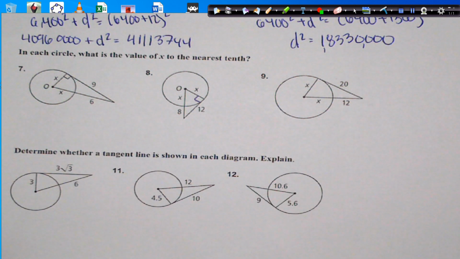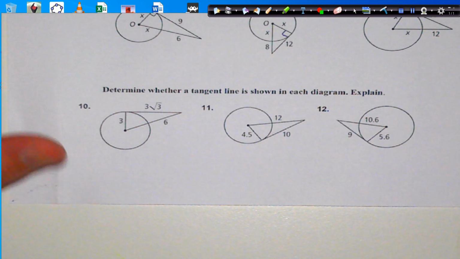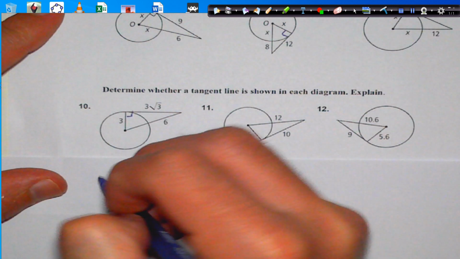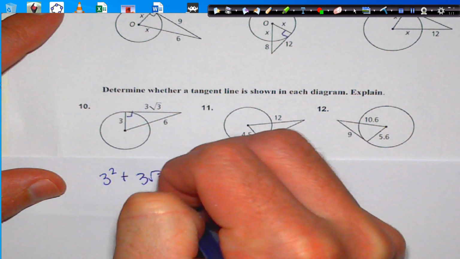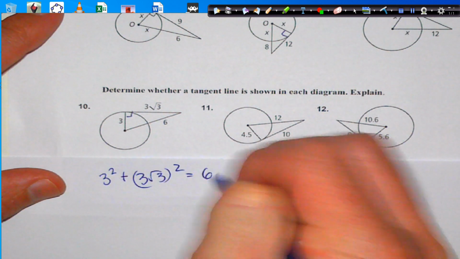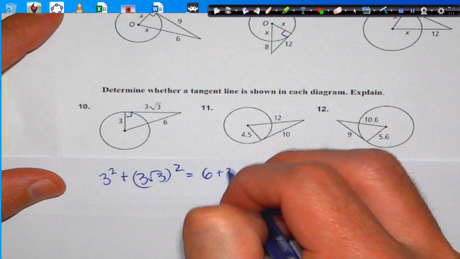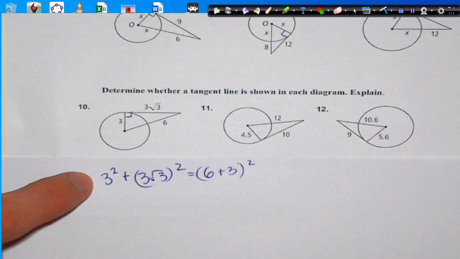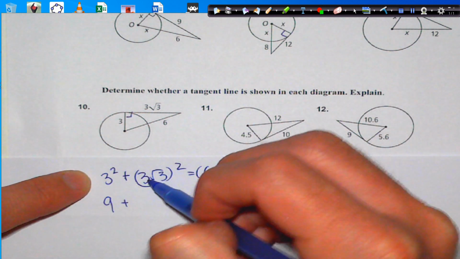Alright. Determine whether a tangent line is shown in the figure below. Well, if it's tangent, then this would be 90 degrees, which means this should be a right triangle. So basically, I should have... you have to be careful. This is 6 right here, so I have to add another 3. This should be congruent. So let's take a look. 3 squared is 9, plus 3 squared is 9.